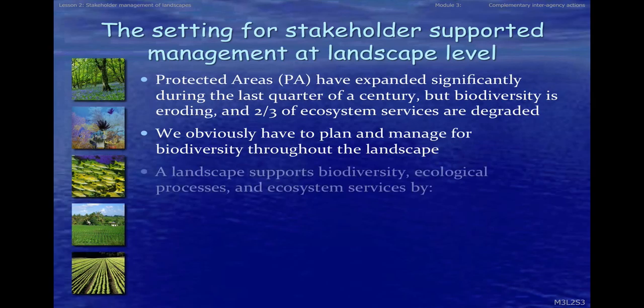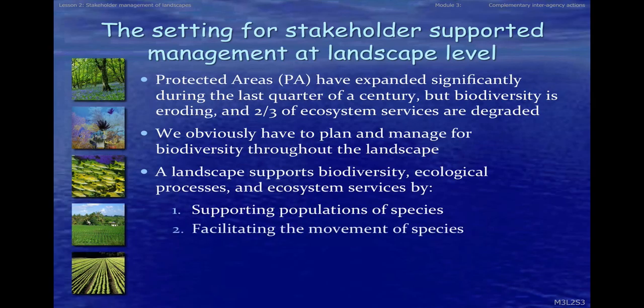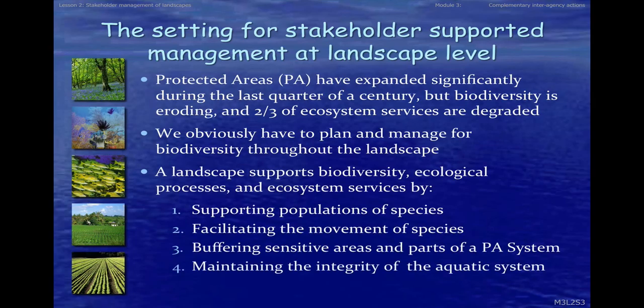A landscape supports biodiversity, ecological processes, and ecosystem services by supporting populations of species, facilitating the movement of species, buffering sensitive areas and parts of the PA system, maintaining the integrity of the aquatic system, and supporting ecosystem services.